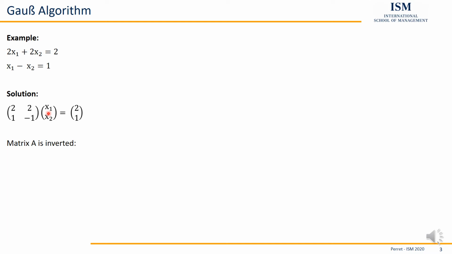And for solving it, one way would be we can calculate the inverse matrix to the matrix A, so this matrix here on the left, and then simply, once we have this, multiply this with the vector on the right. So that's the idea here. If we do this, we actually get the result to the system of equations. There's only one big problem.